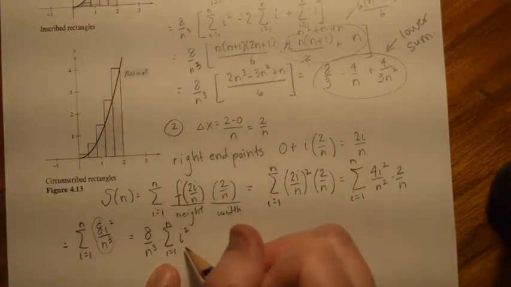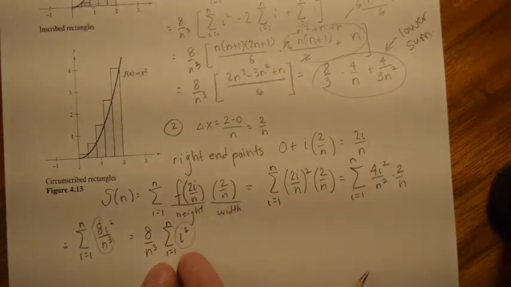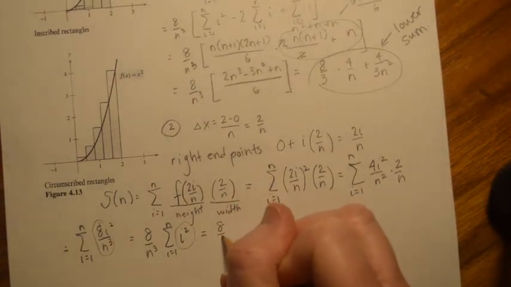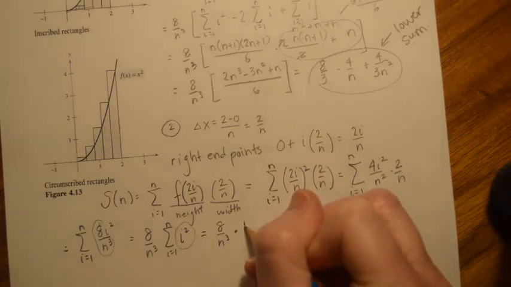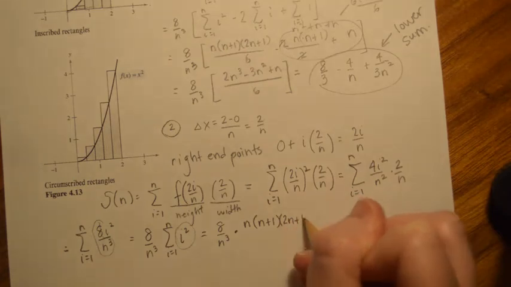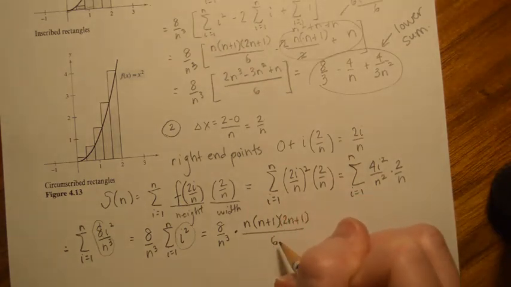All right, so then again, we replace the sum of i squared with what we have in our formula. You're going to start to memorize these because you're using them so much, but this ends up being 8 over n cubed times n plus 1 times 2n plus 1, all over 6.